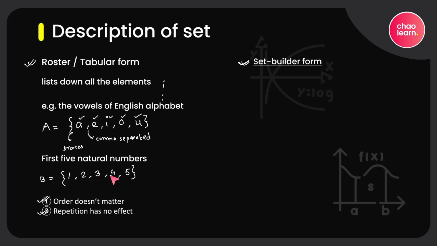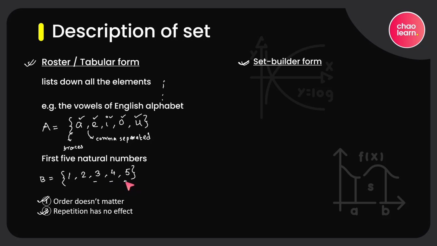If you write 1, 2, 3, 4, 5 and then again write 2 and 3, that doesn't have any effect. It would be counted as 1, 2, 3, 4, 5 only. But in general convention, we don't repeat objects, we keep each one singular. So every object appears only once within the set.